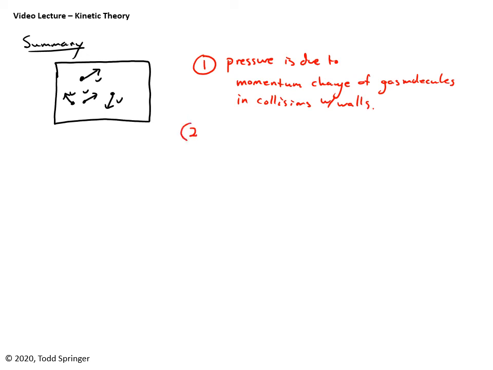And then let me summarize this with a formula. We were able to get this formula: PV is 1/3 m N v squared averaged. This m is the mass of a molecule, and this N is the number of molecules.